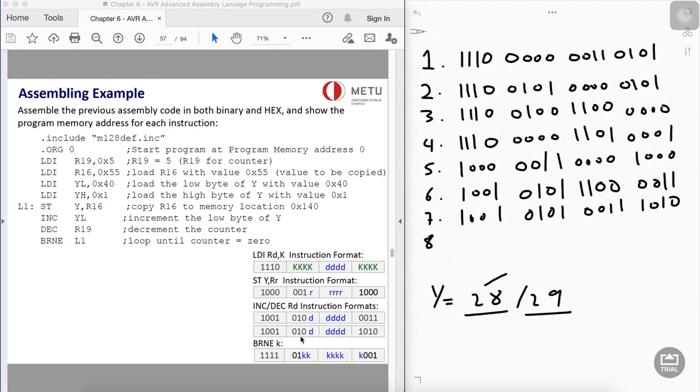And instruction 8 in this case is the branch one, which is going to be 111101. Now, how are we going to find that out? Branch plus 1 is going to be the value for the program counter. If we are going back, that means we have to go back 1, 2, 3, and 4. So we need to go back 4 steps.